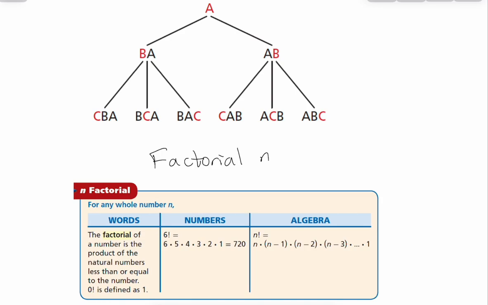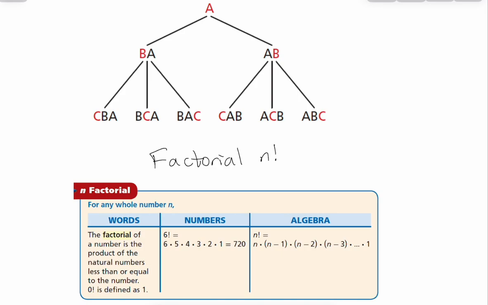And it uses this notation. Some calculators have that button. It's going to show an exclamation after the n or whatever it happens to be. That exclamation mark means factorial, and it has to be a whole number.